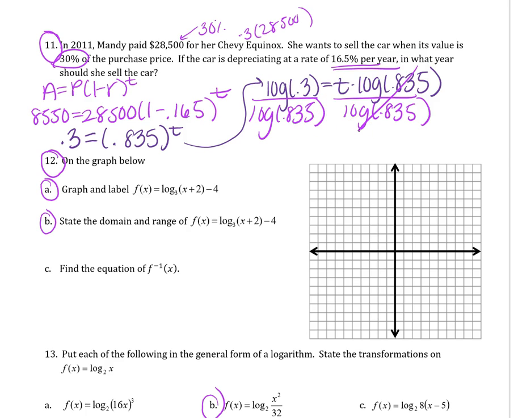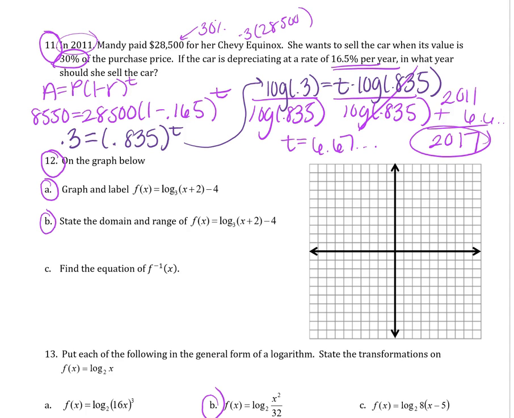So t will end up being like 6.67 something, but it's asking me in what year should she sell her car. Keep in mind she bought it in 2011, so 2011 plus an additional 6 and some change years is going to give you 2017. So I guess this year she should start looking at selling her car.